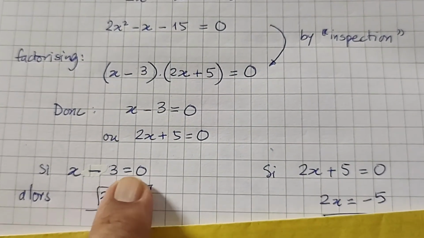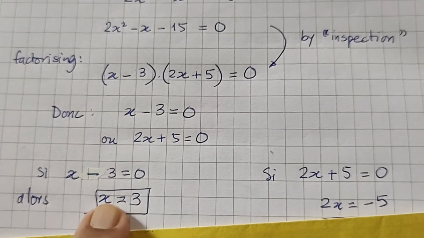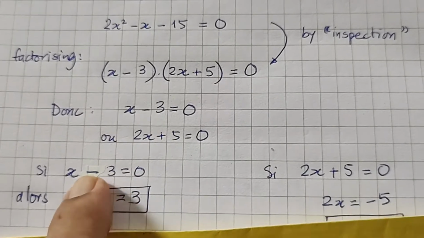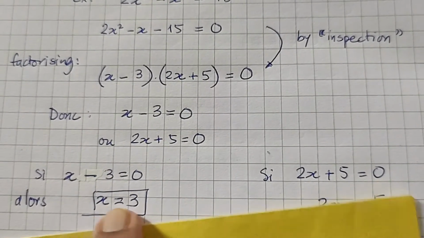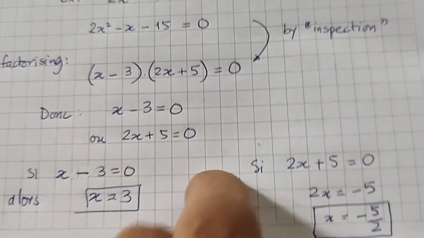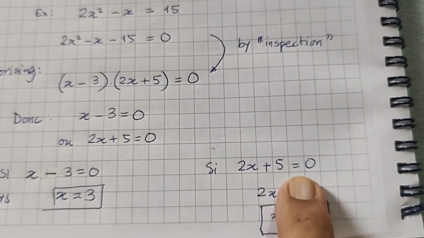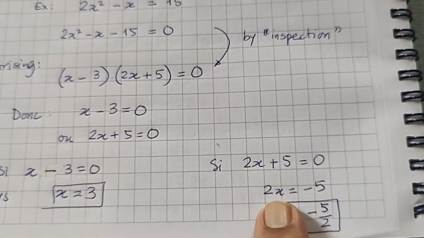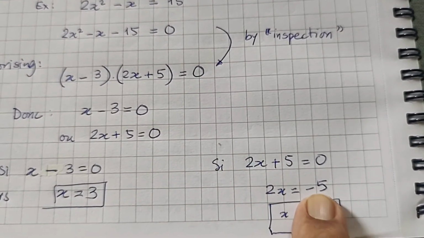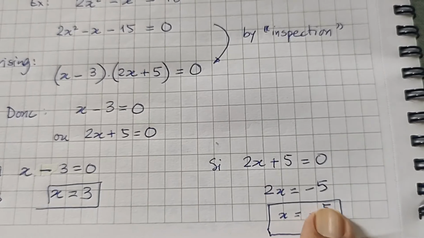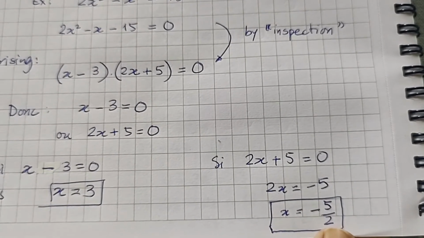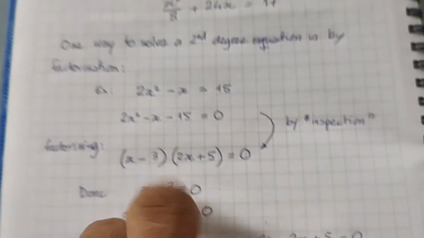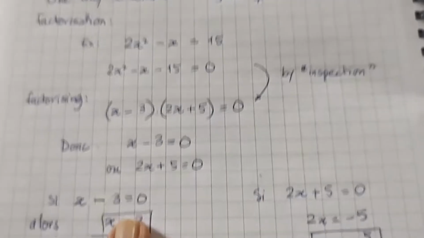Si x moins 3 est égal à 0, alors x est égal à 3. You take minus 3 on that side, you'll get x is equal to 3. And si 2x plus 5 est égal à 0, donc 2x est égal à moins 5, x est égal à moins 5 sur 2. So this equation has two solutions.